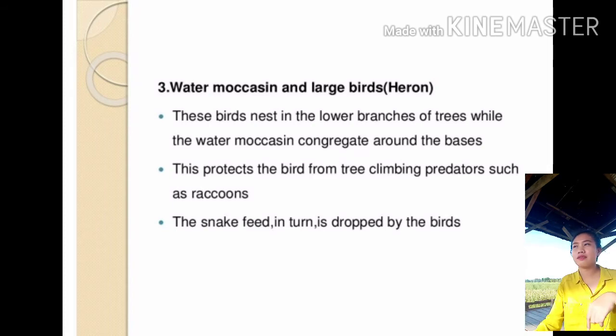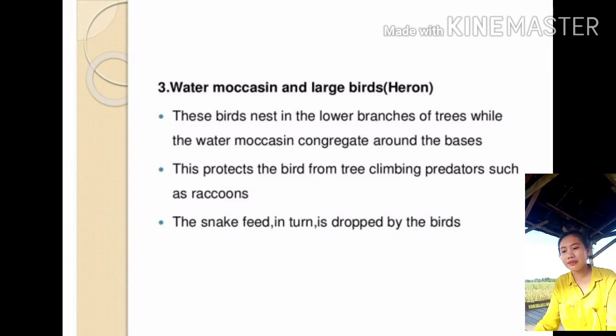So while the birds nest on the branches of trees, that water moccasin or snake congregates around the base, under the nest or the branches of the trees where the bird is nesting.